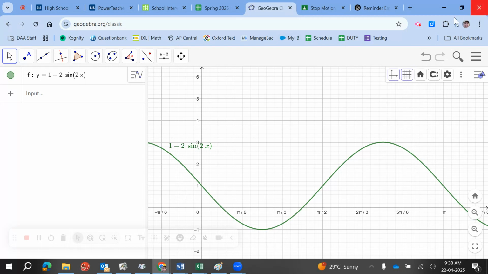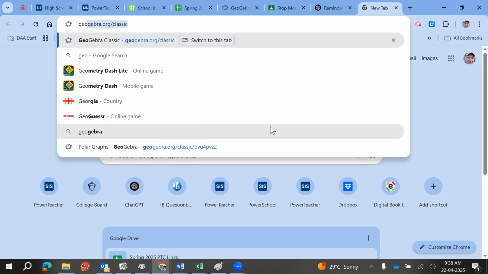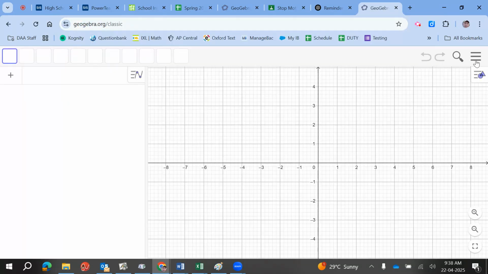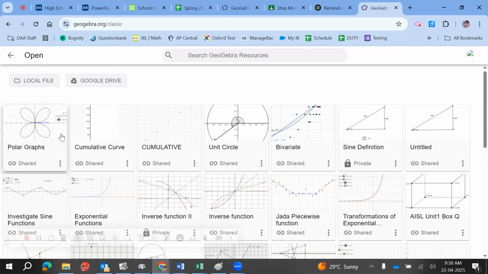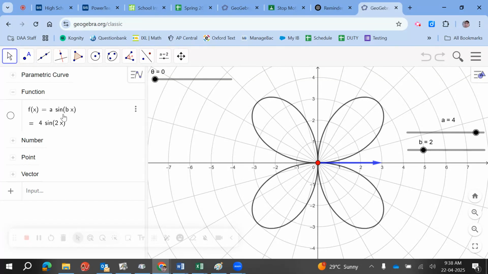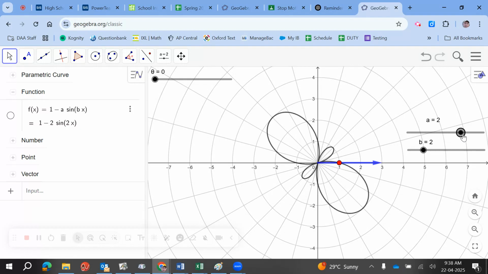As a polar graph, it's going to look like this.